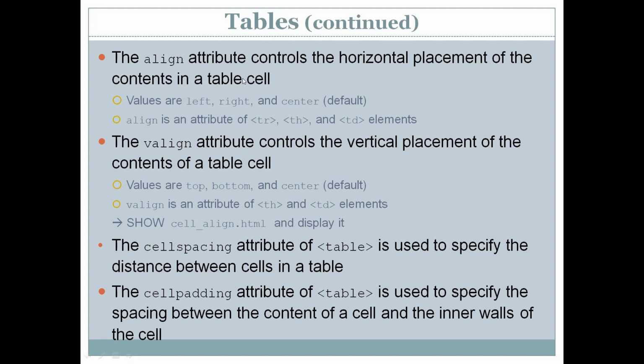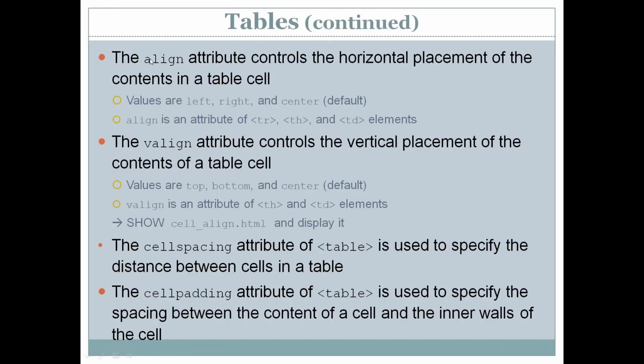By default, the alignment of the TH tag content is center aligned. But if you want the alignment to be changed, you can change it by using the align attribute. Now you can see here this fruit juice drink is centered in the cell, but you can make it left aligned or right aligned, and for that you can use the align attribute.